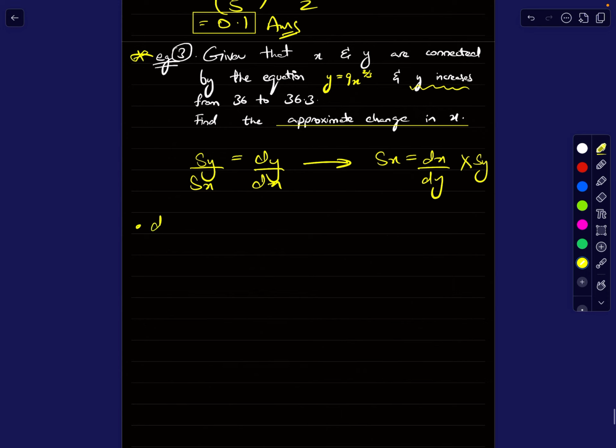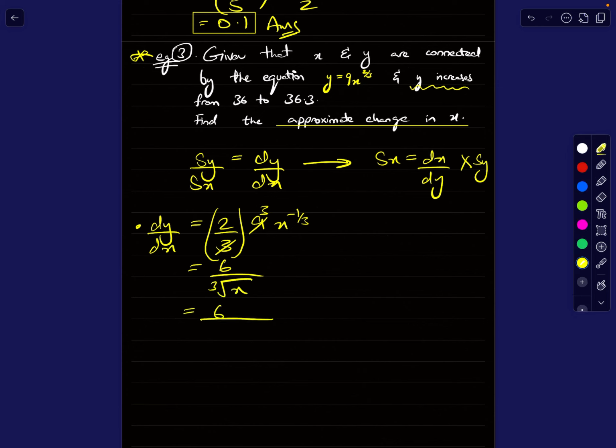So start by finding dy over dx: bring the power down, reduce the power by 1, and you will end up having 6 over cube root of x. Substitute the original value of x.